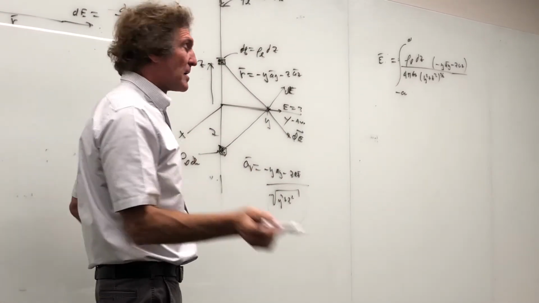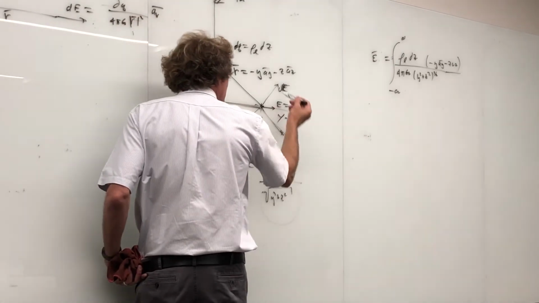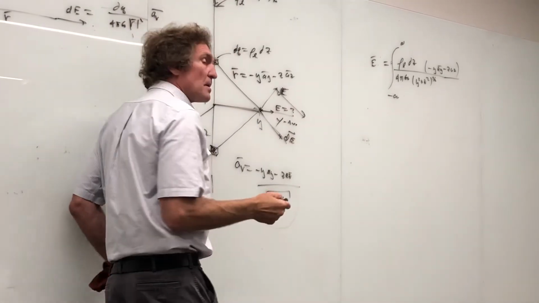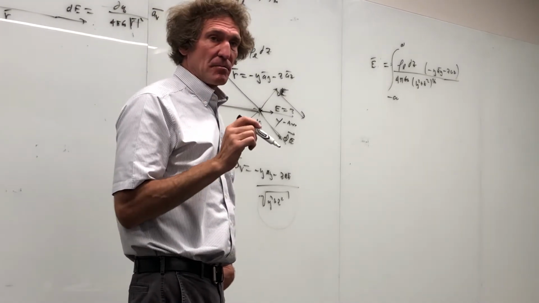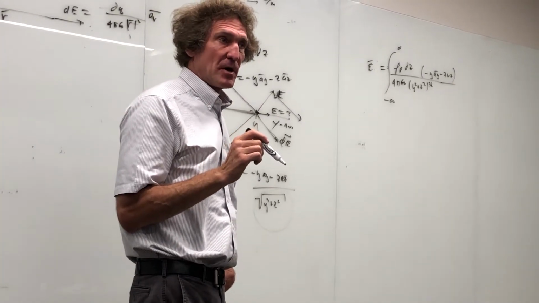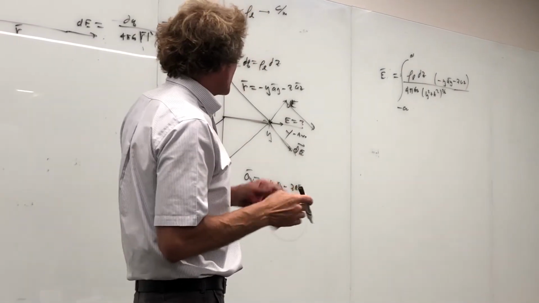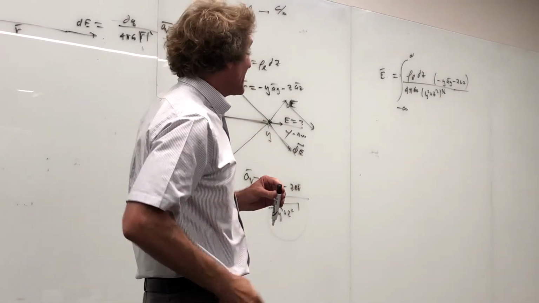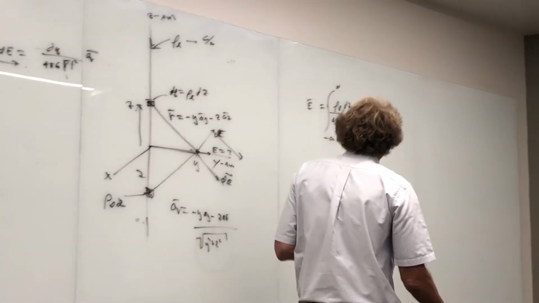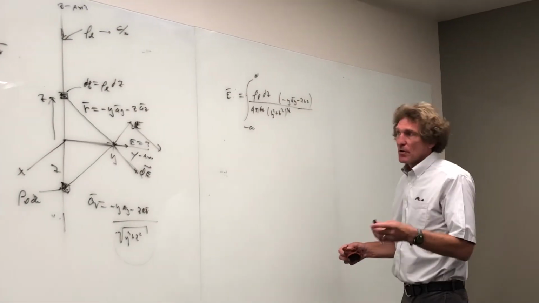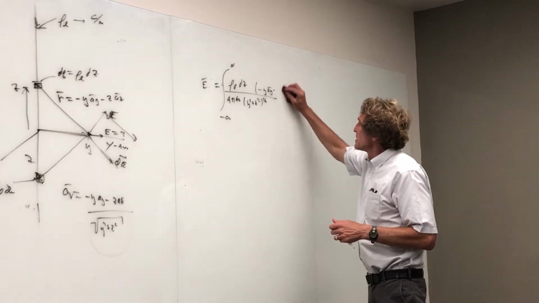Do you all see what I'm talking about? Well, if I add this one plus this one, don't the vertical components cancel? I'm left with only a radial component. Do you all see that? Or a component pushing away, which is the y component, which is nice, which means effectively I can eliminate this z component completely.